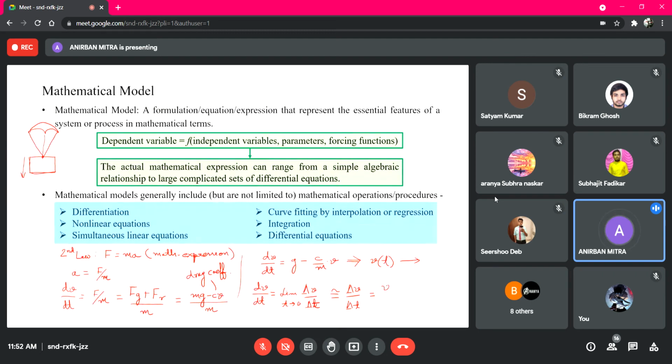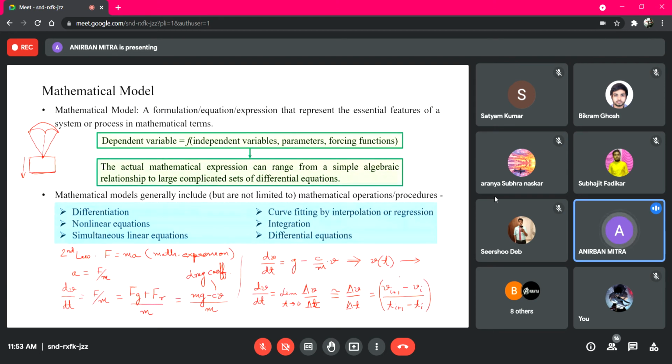We can also write this as v(i+1) minus v(i), where v(i) is basically the velocity at time instant t(i), divided by t(i+1) minus t(i). It can be approximately written as this.